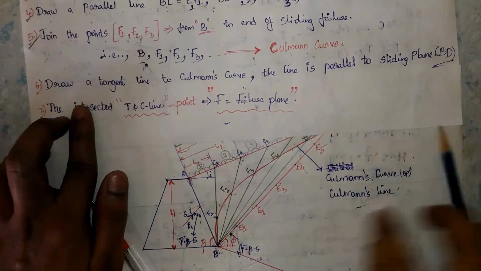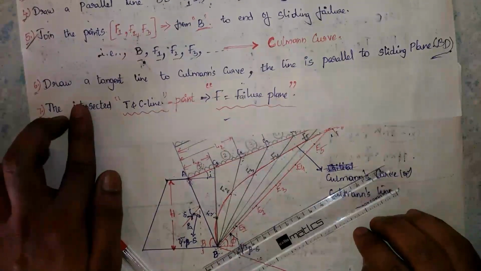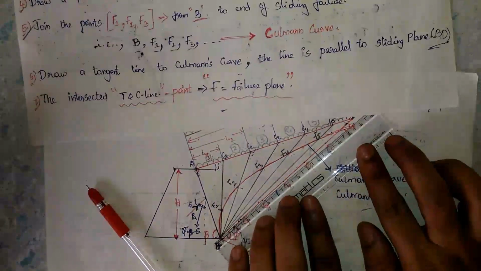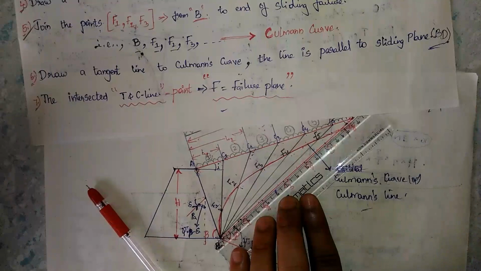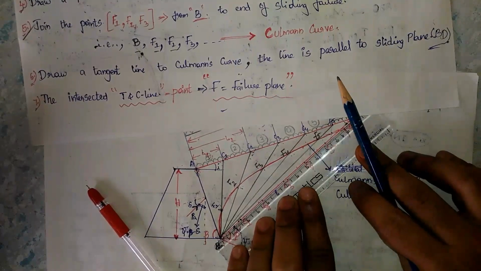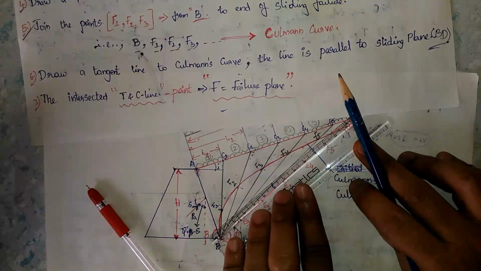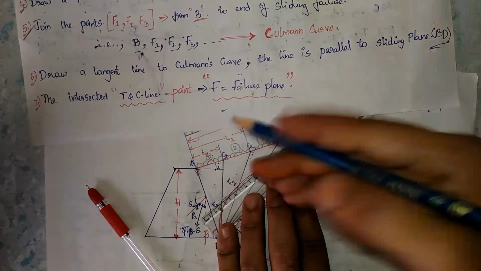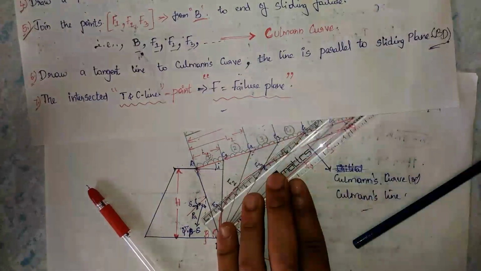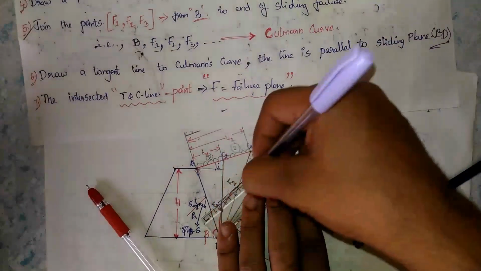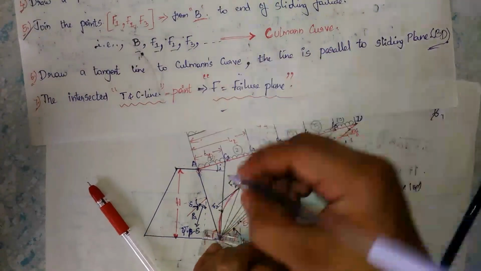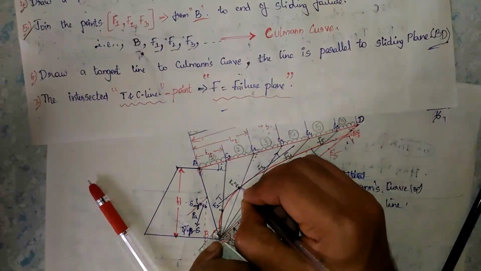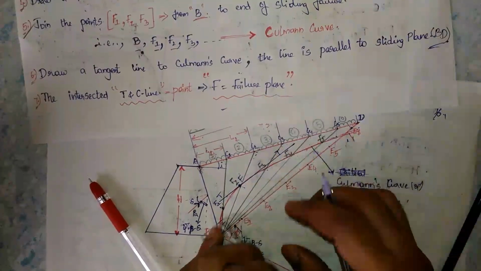So we are drawing a tangent line to this Culmann curve. Keep like this, go to the parallel point at the top side where it is meeting. So this is the tangent line, and this point is the F point.